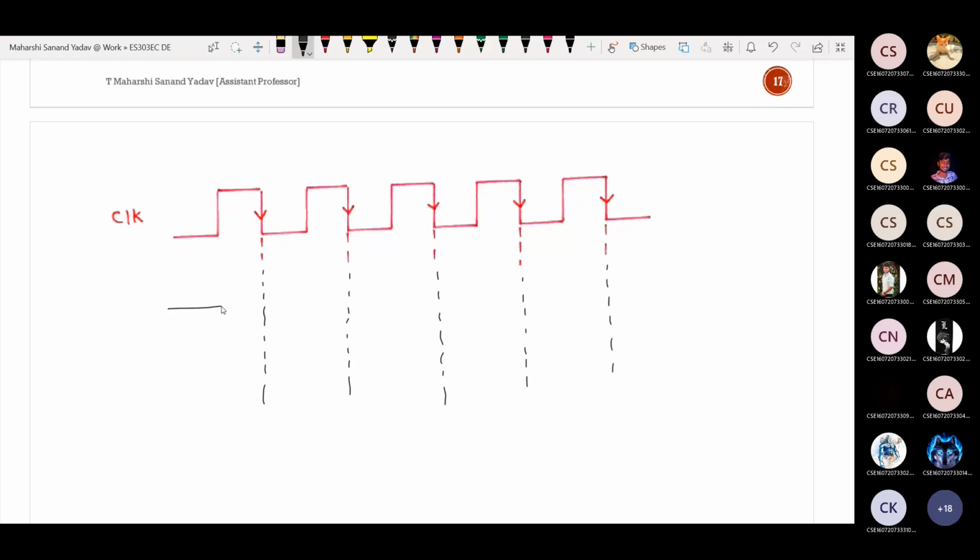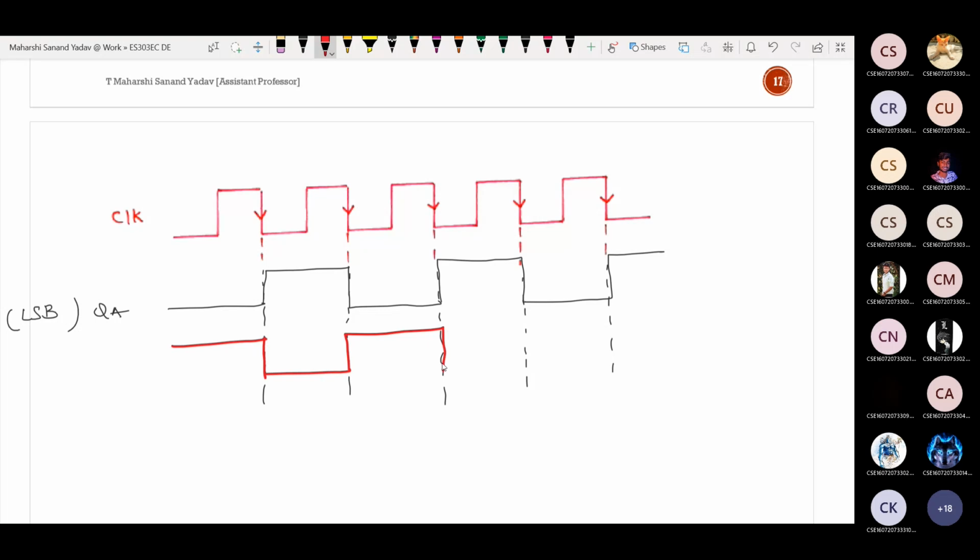QA initially I'm assuming is 0. Then it goes 0 to 1, again 1 to 0, and so on. Next, QA bar acts as the clock, so simply apply negation or complement of QA.